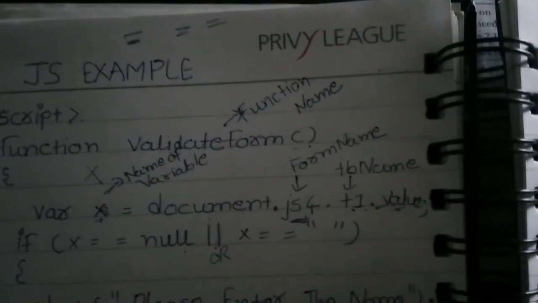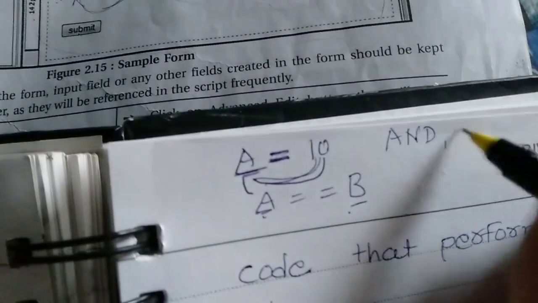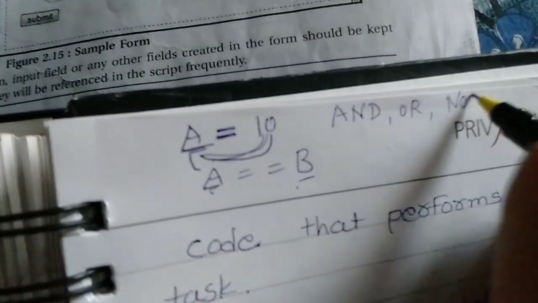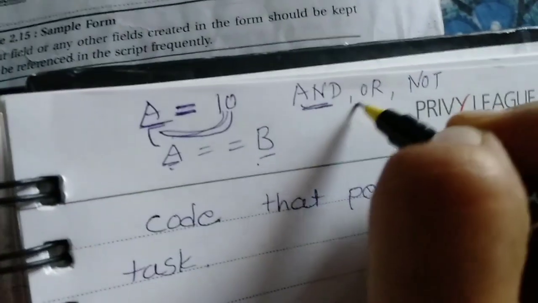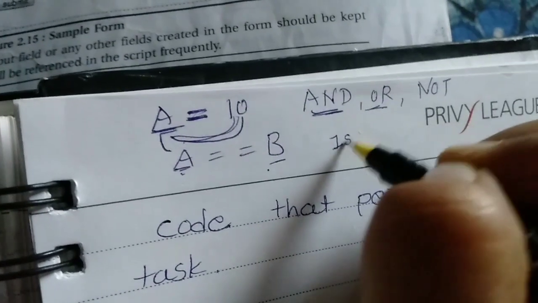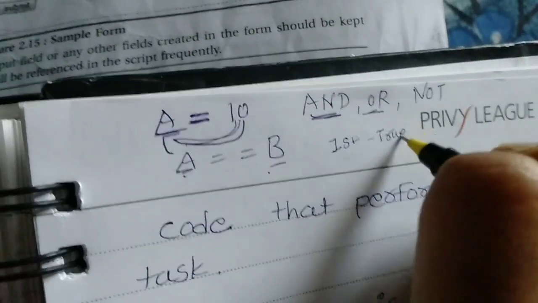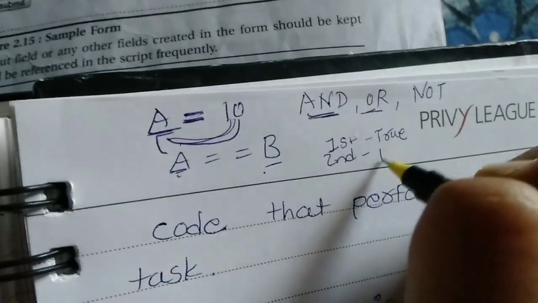There are three types of conditions: and, or, and not. And means what? Compulsorily both conditions have to be true. Or means what? If one condition is true and the second condition is false, then it is okay.